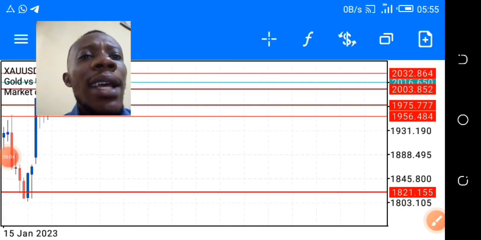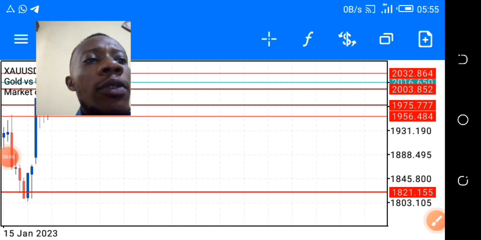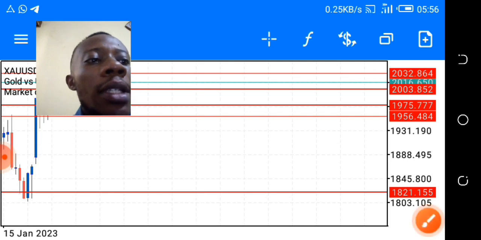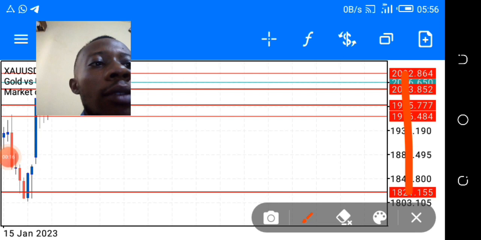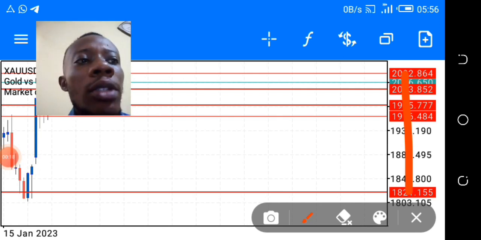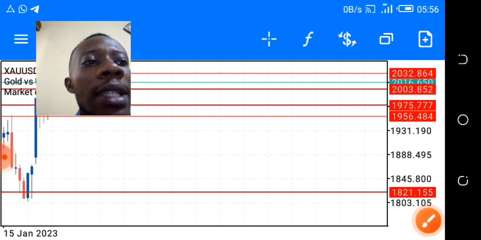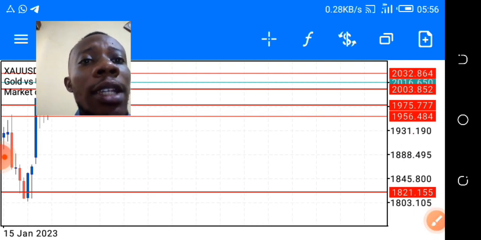Okay guys, so now the last thing I want to talk about is on the chart screen itself. As you can see, on this area here, let me draw the red line to show you. This area here at the right side where I just drew the red line, you can see some numbers. Those numbers are the prices of the current market that you are in.